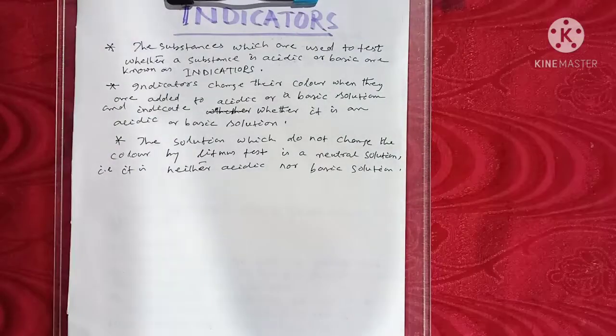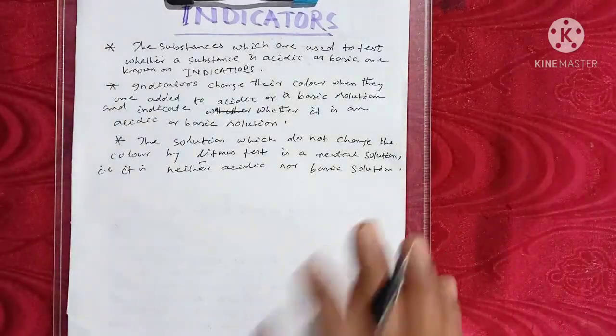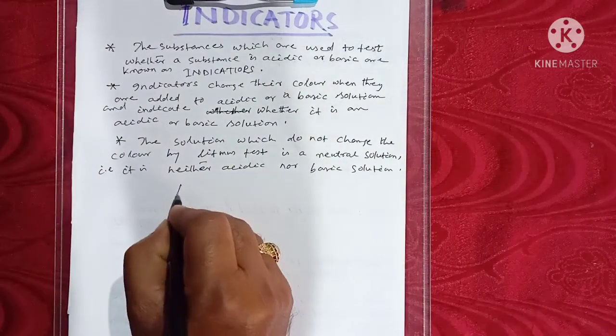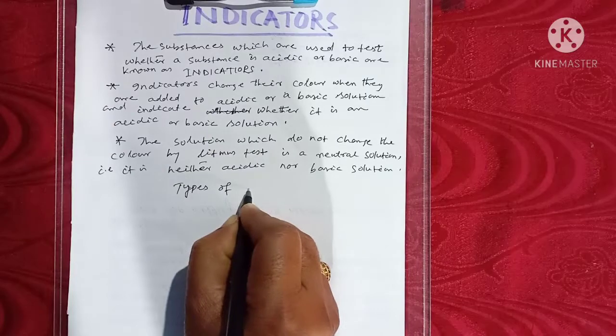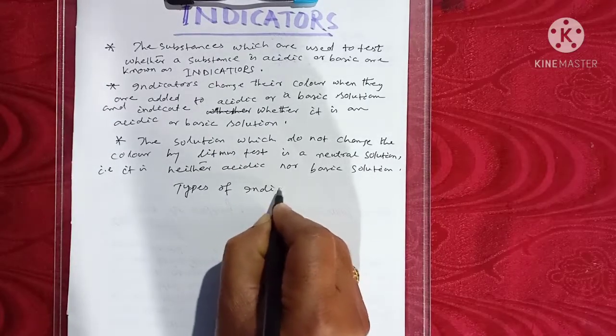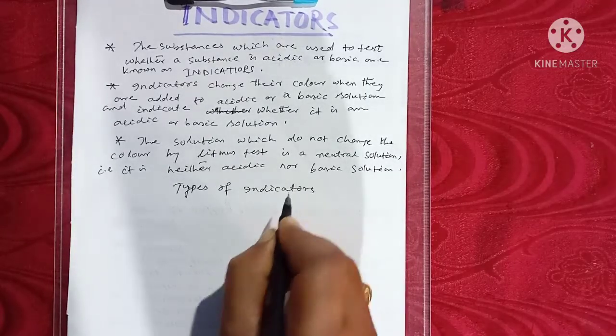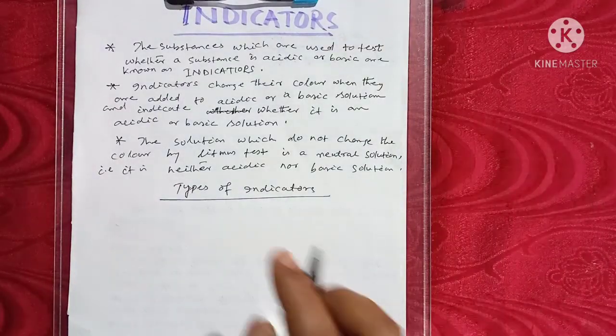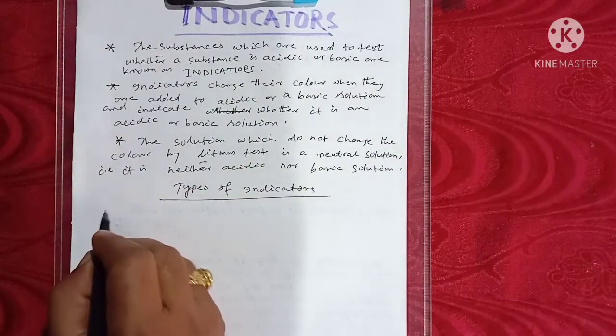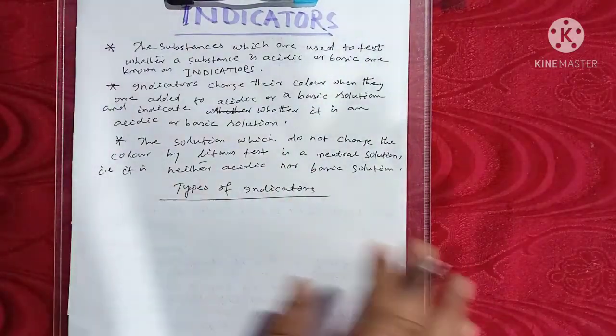So now we shall discuss about the types of indicators. So there are generally three types of indicators.